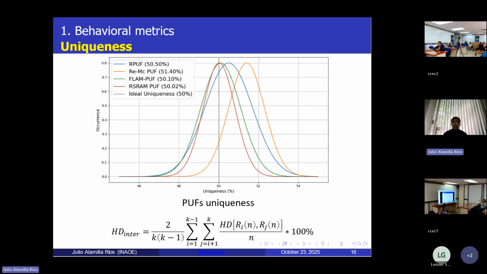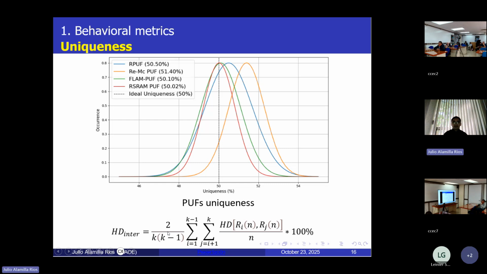The first metric analyzed was uniqueness, obtained through the inter-chip distance. This metric depends on the Hamming distance between two instances of the same architecture, the number of bits in the CRP word, and the number of instances analyzed.